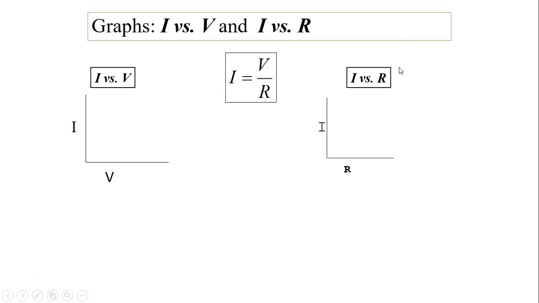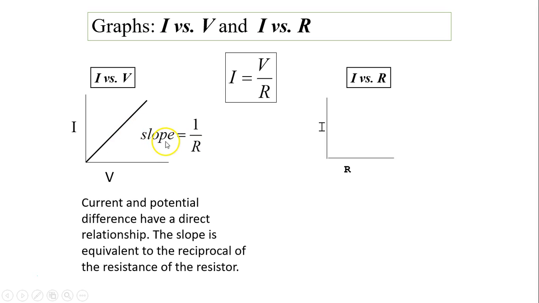Graph I versus V and I versus R. So I can change with V. When V increases, I increases. In this case, the slope is 1 over R. Current and the potential difference have a direct relationship. The slope is equivalent to the reciprocal of the resistance of the resistor. Remember when we talked about spring force and elongation?